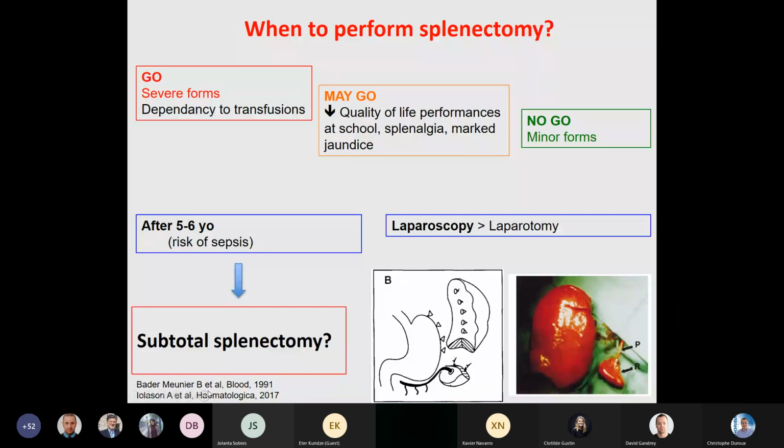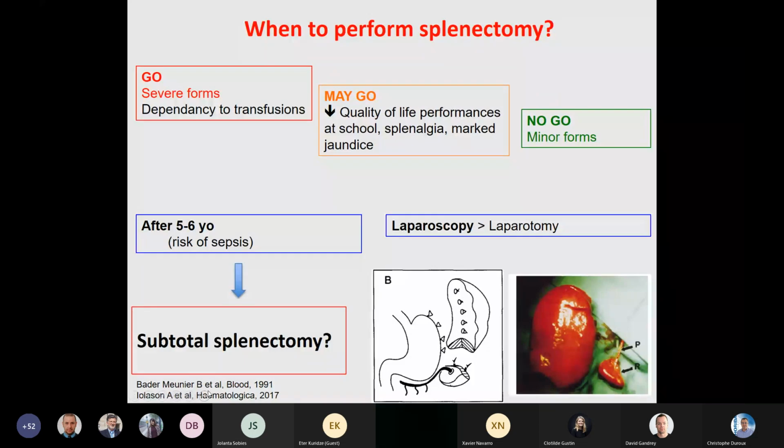If you have an asymptomatic or minor form of spherocytosis, there is no need for splenectomy, because splenectomy is associated, of course, with infectious risk, but also with thrombotic risk, and maybe, even if it's not sure and is discussed, an increased risk of cancer. For these patients, there's no indication for splenectomy.